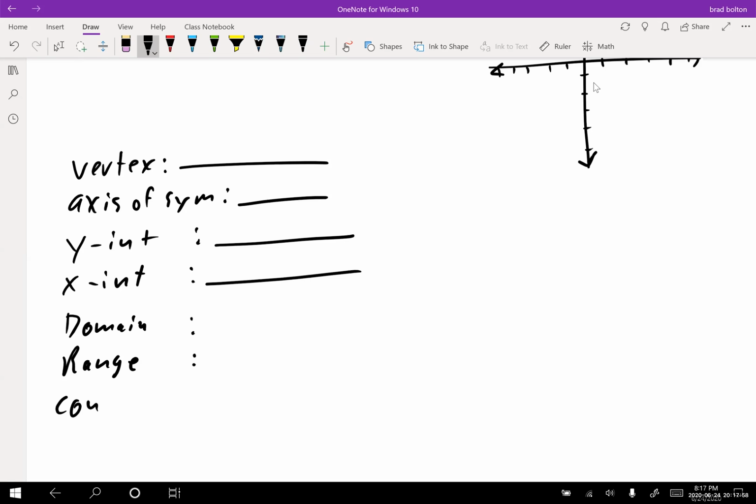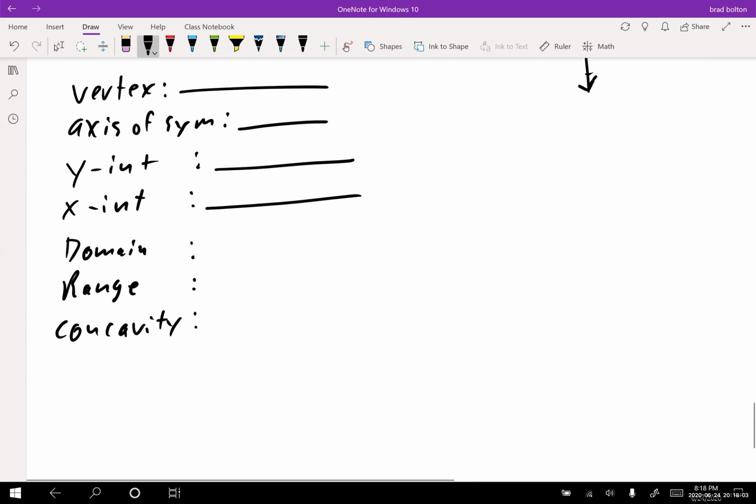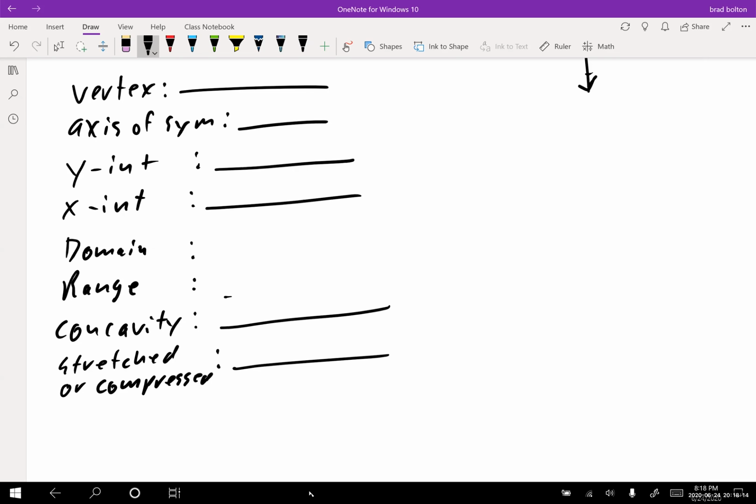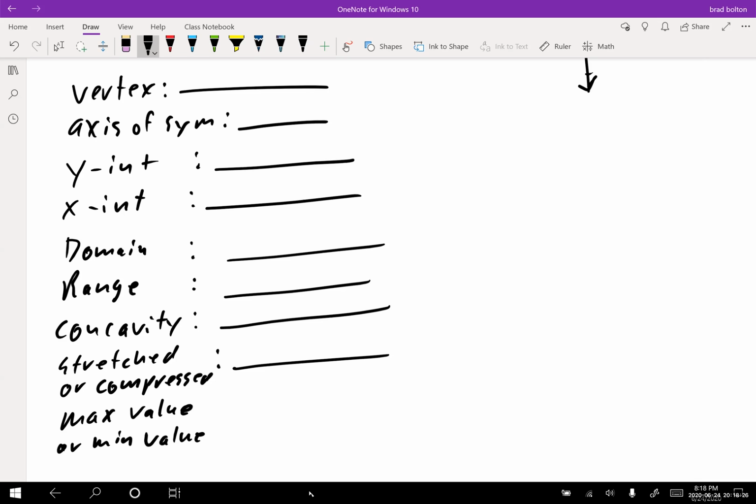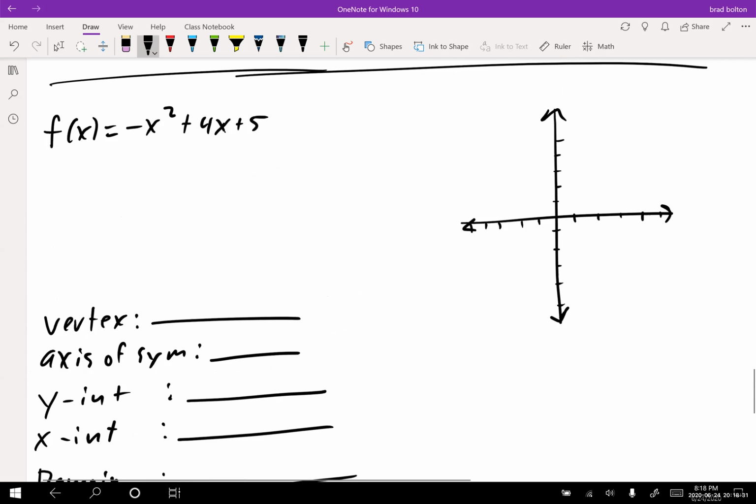I want concavity, meaning is it open upward or is it open downward? Is it stretched vertically or compressed or neither? And then last but not least, does it have a maximum value, or what is the maximum value or min value? Okay, so this is a lot of information that we can get from this parabola.